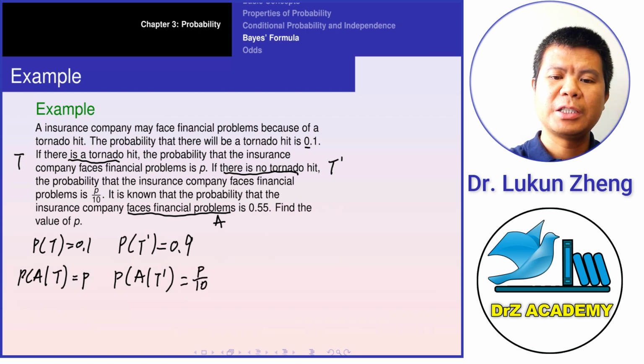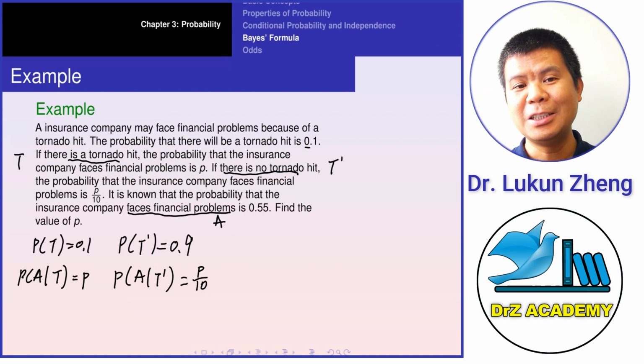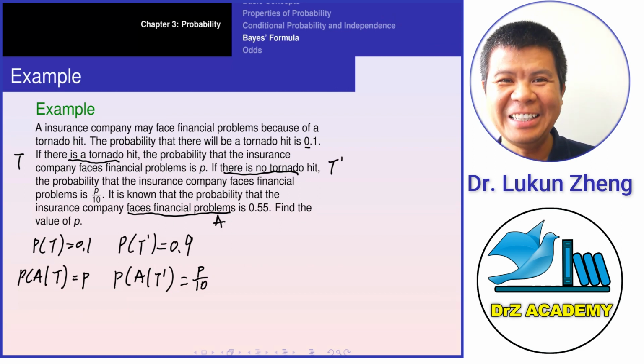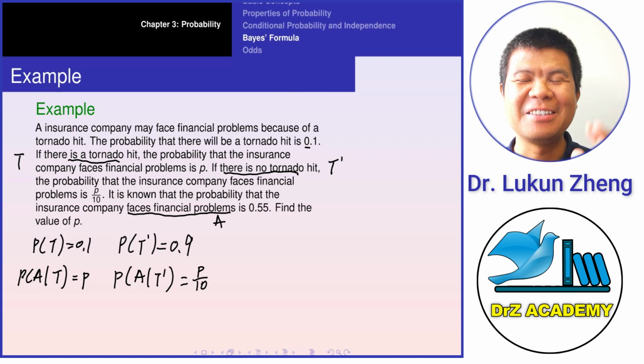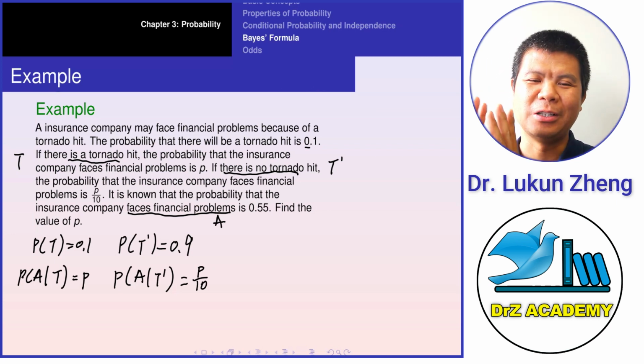You may also see that T and T complement form a partition: either there is a tornado hit or no tornado hit.